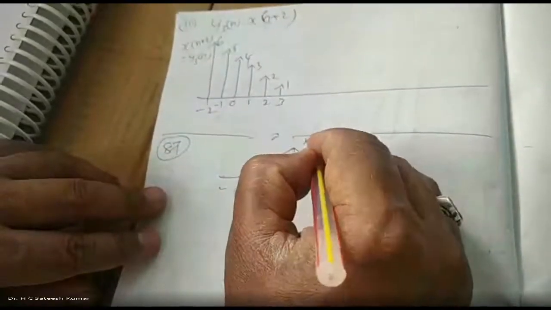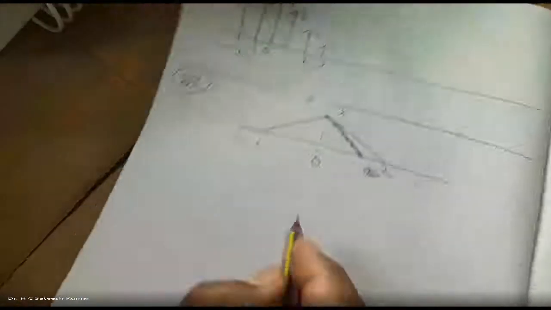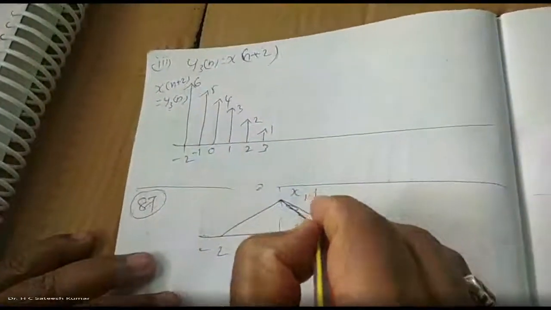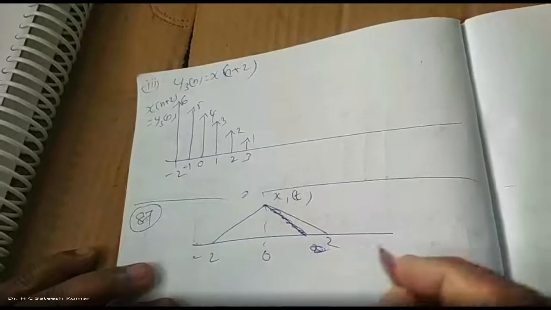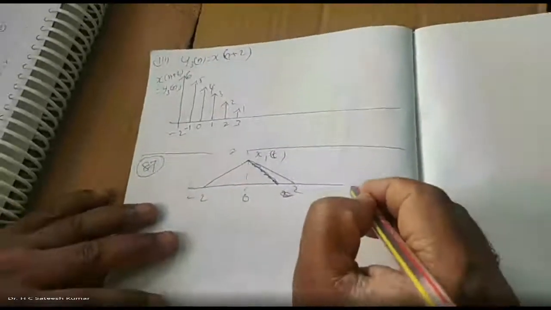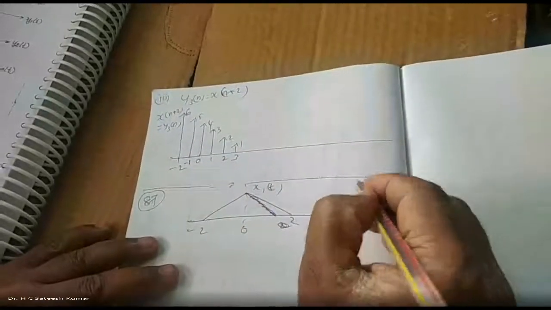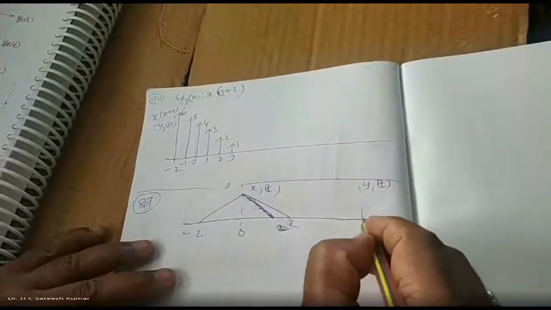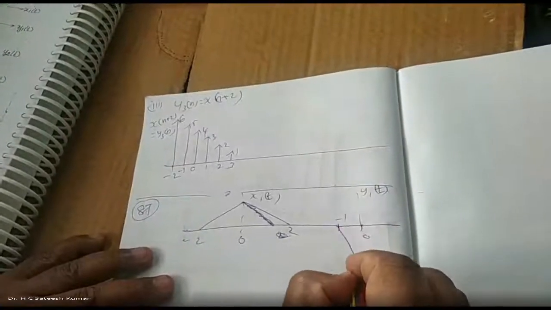This is your x1. Of course, it's not to scale, I'll draw it to scale. So this is 2. x1 of t is given, and y1 of t is something like this, just beside it. This is 0, this is minus 1, and the amplitude is minus 2.